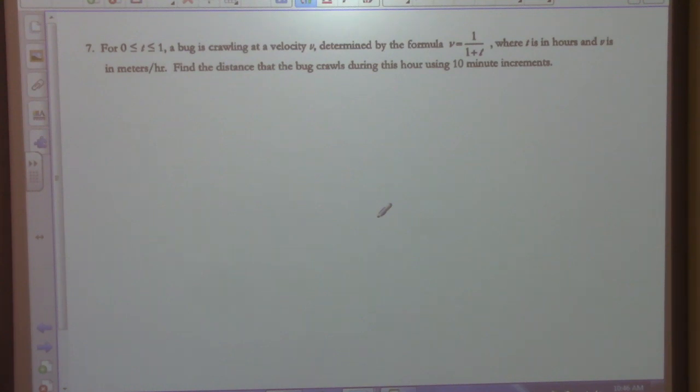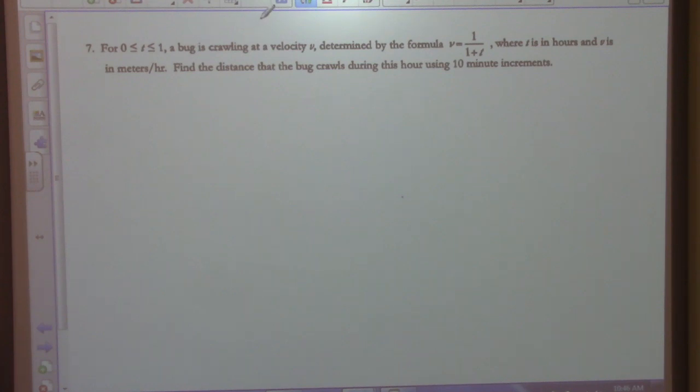Okay, let's look at this. There's a table, and this will apply for you guys too, right? What you're going to have is, in meters, find during 10-minute increments.